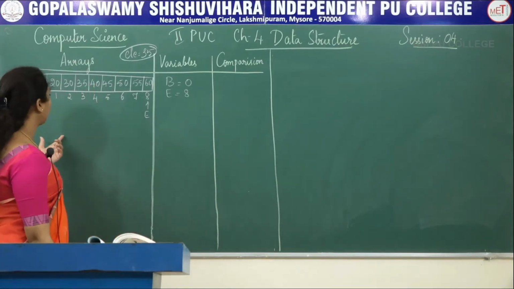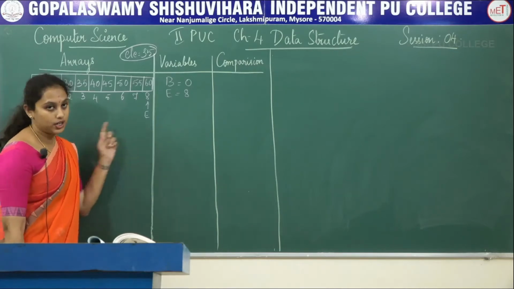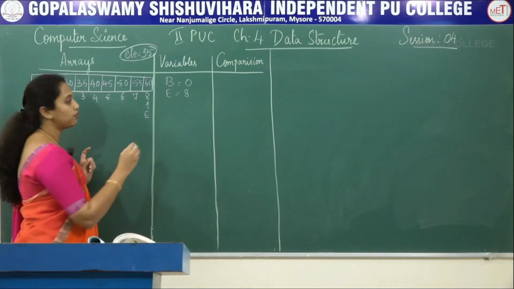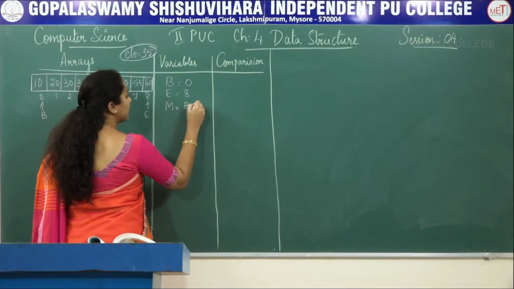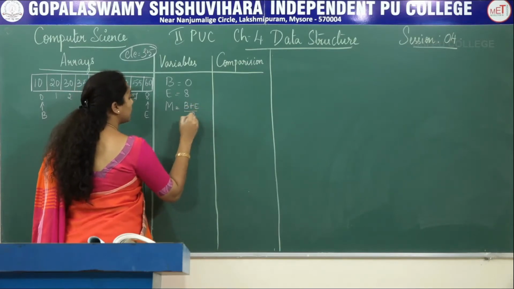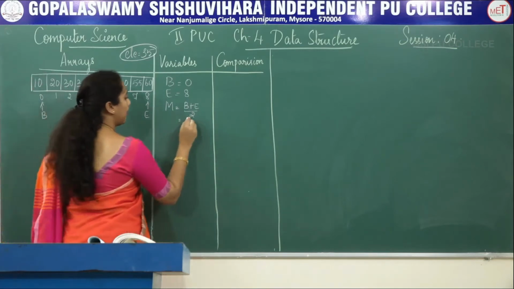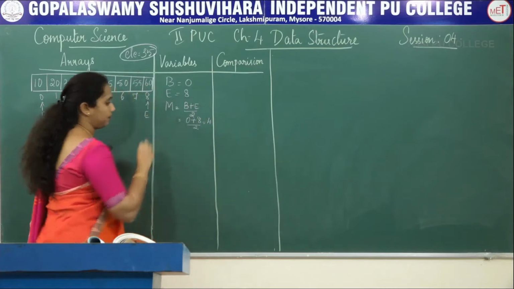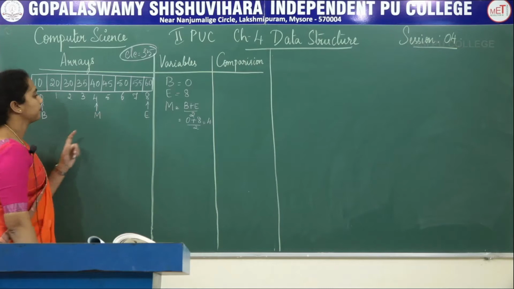While beginning is less than end, we have to find the middle term. Middle term is equal to (beginning plus end) by 2, which is (0 plus 8) by 2, that is 4. So here 4 is our middle element.